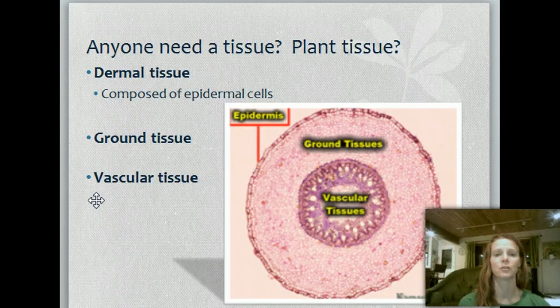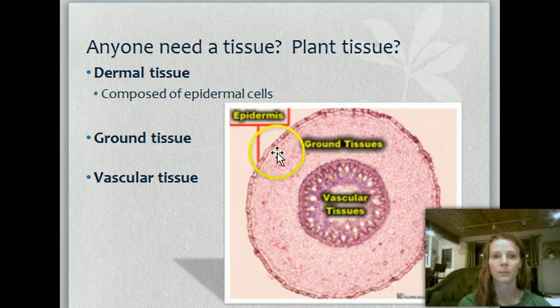Okay, plant tissue. Like I mentioned, plants have a similar organizational system. We've talked a little bit about cells, but let's talk about tissues. So plants have tissues as well, just like humans do. They have a dermal tissue, which is composed of epidermal cells.